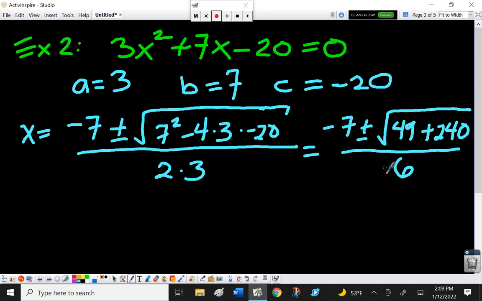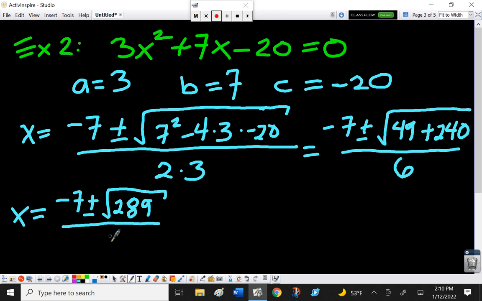All right. Next, we take our values inside of the square root sign and we add them together. So we got -7 plus or minus square root of 49 plus 240 is 289. And that's going to be over 6.